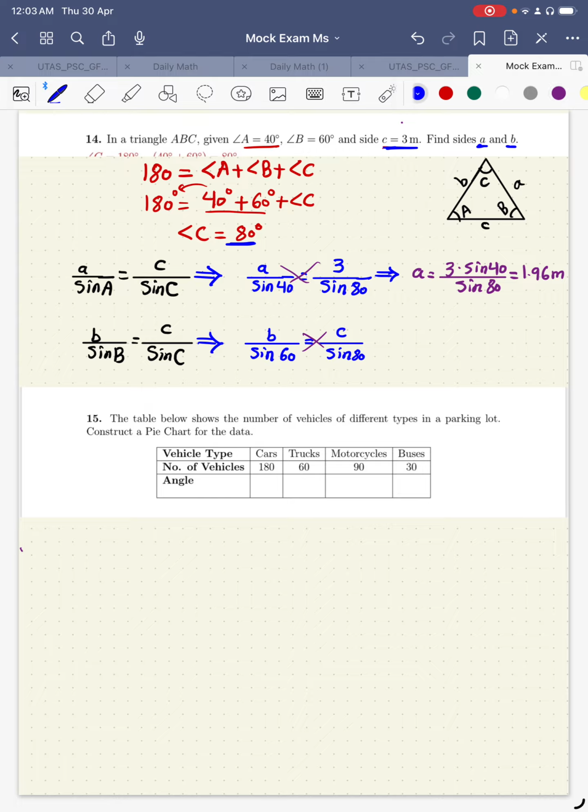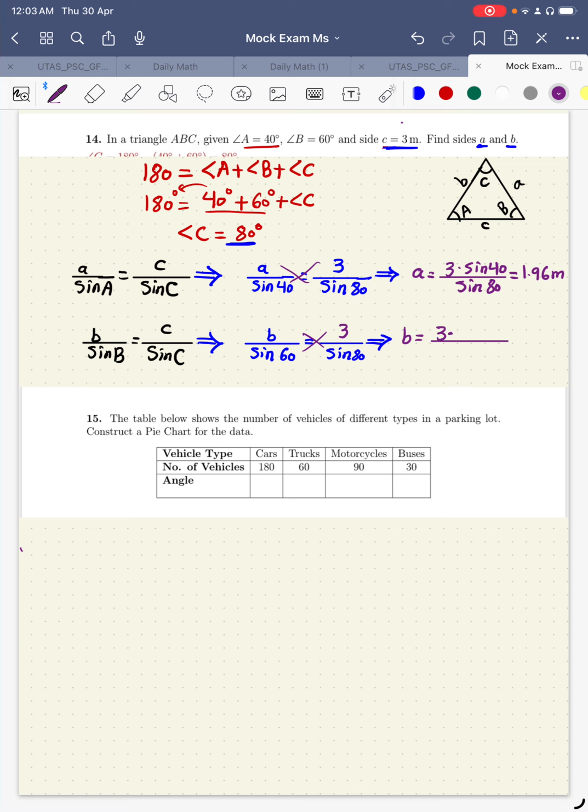So small b equals, oh sorry, that's not c, because we already know c, it should be 3.